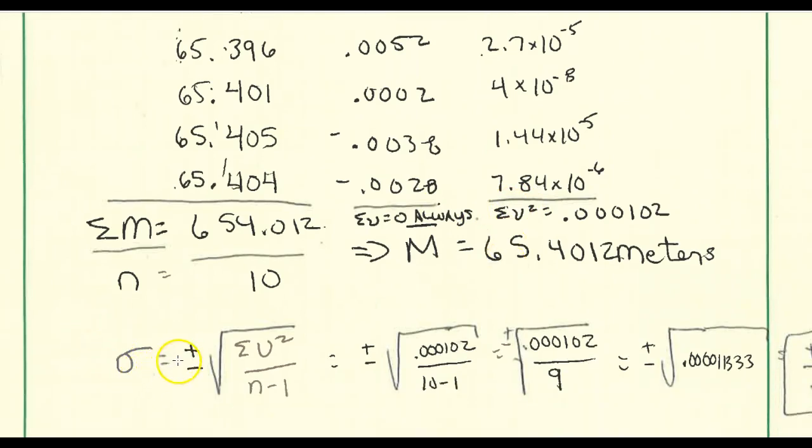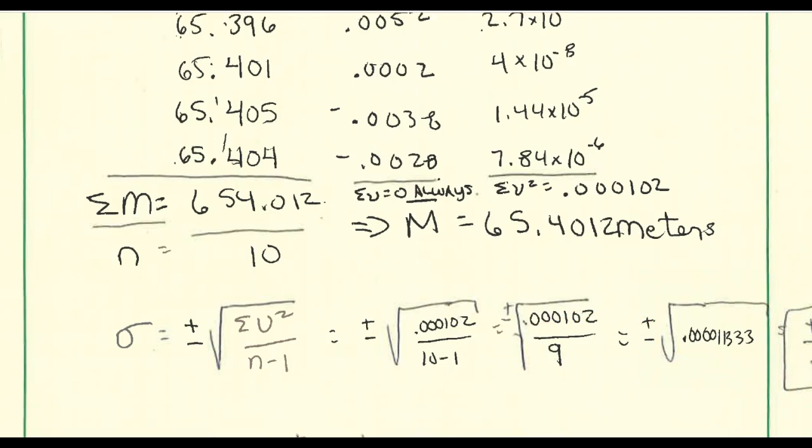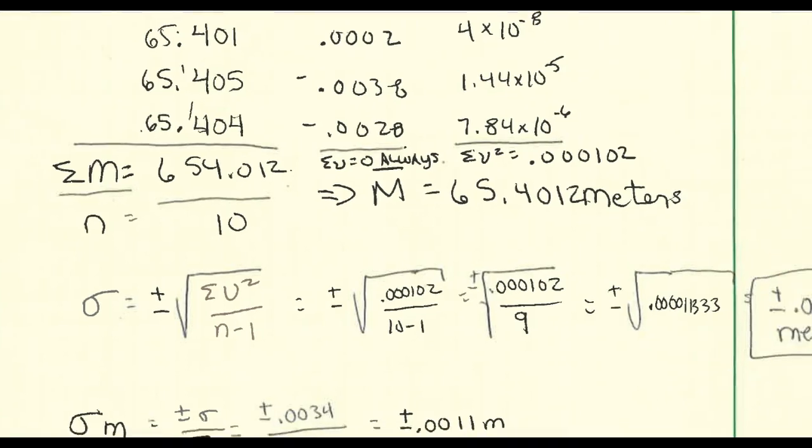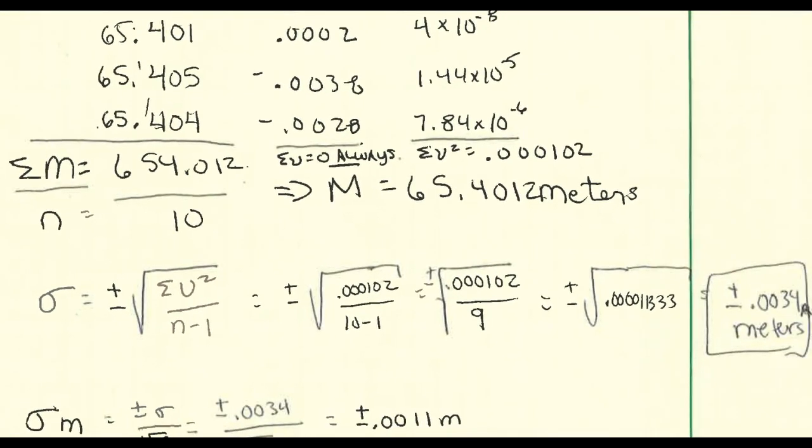All right, after we've done that, we have everything that we need to find our standard deviation. The standard deviation is plus or minus the square root of the sum of the residuals squared, which is right here, divided by n minus 1. N is 10, so n minus 1 is 9. The summation of the residuals squared is 0.000102. And so when I do this computation, I find that my standard deviation is plus or minus 0.0034 meters.